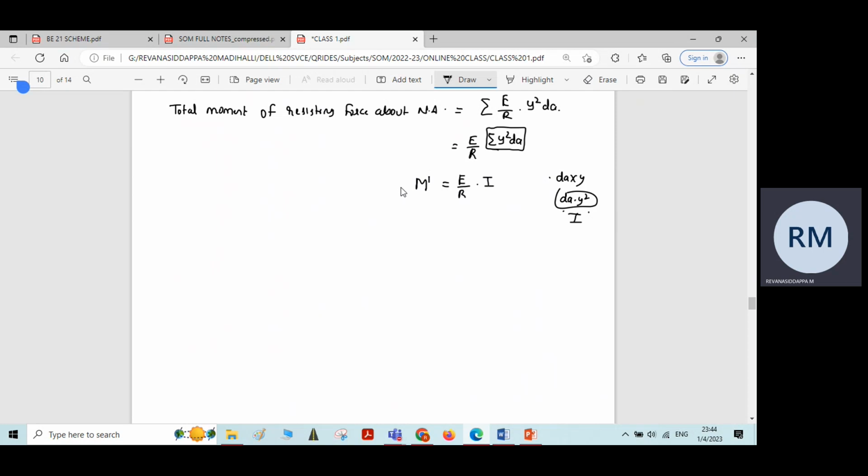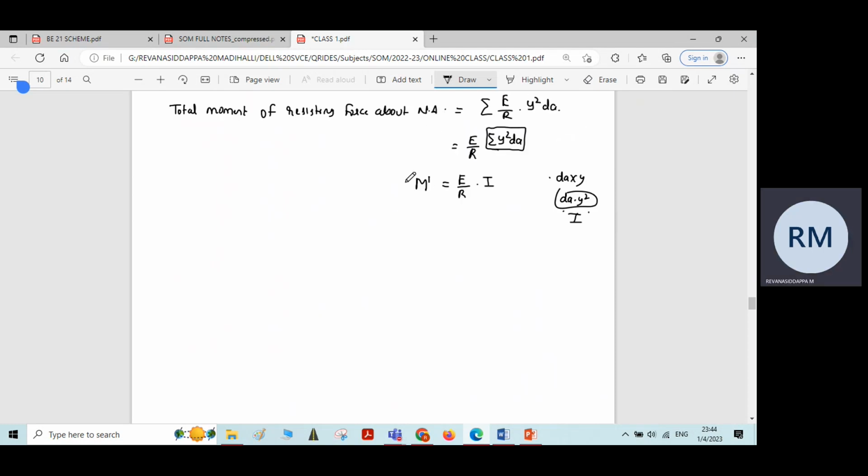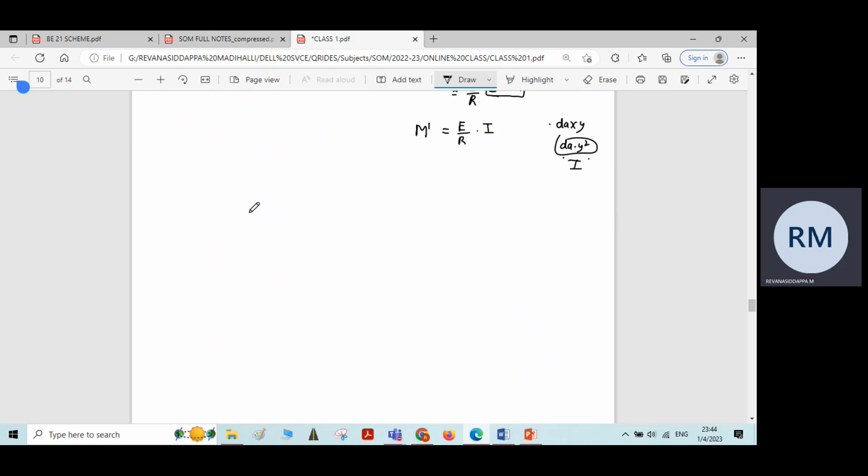We have derived the equation for the moment of resisting force about the neutral axis, that is E by R into I. Now, to maintain the equilibrium, whatever moment is acting on the beam should be equal to the moment of resistance, or the moment of resisting force about the neutral axis.